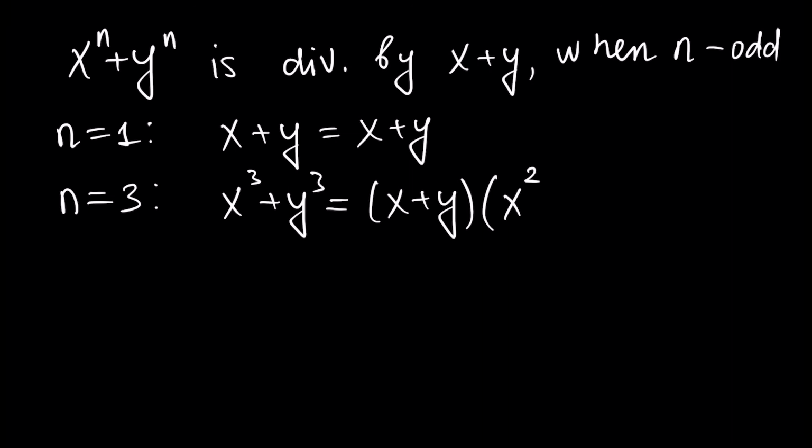This polynomial has degree 2. The next element will be x to the power 1 and y. So we are decreasing the power of x and increasing the power of y. Here we had y to the power 0, but we didn't write it.